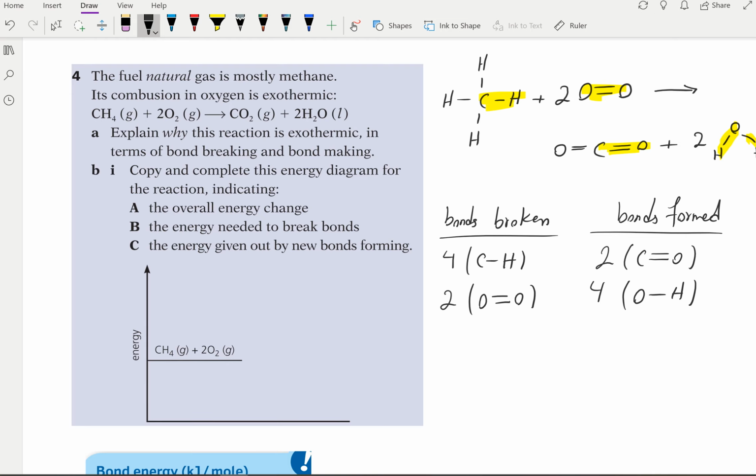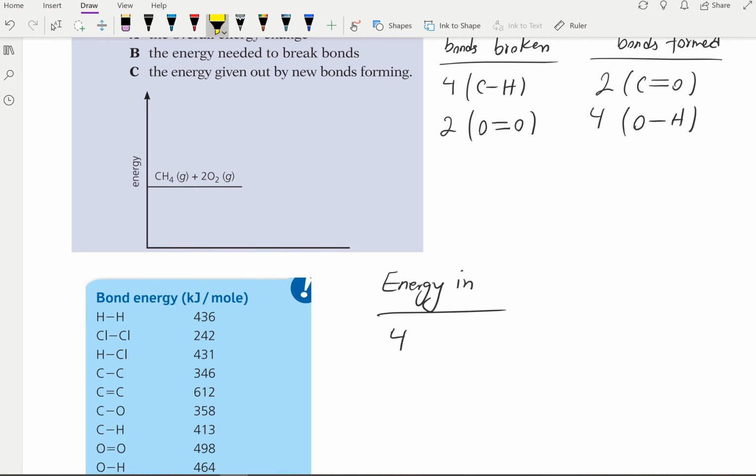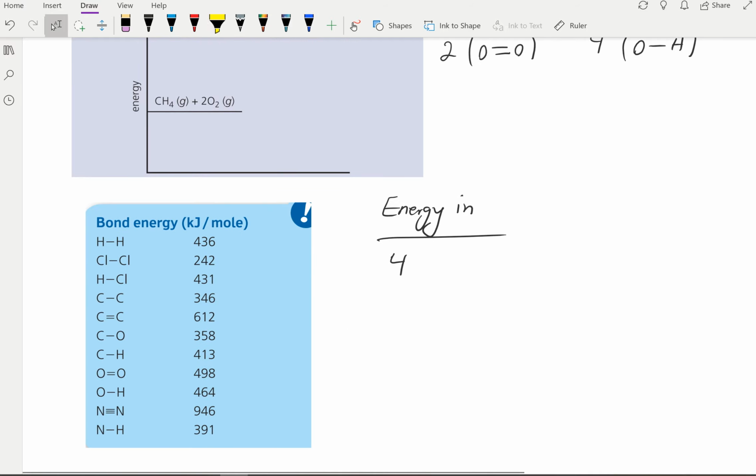So for breaking the bonds, I need energy. So I calculate the energy in. I have four C-H bonds. Here I have to find the C-H. The C-H is here, 413.